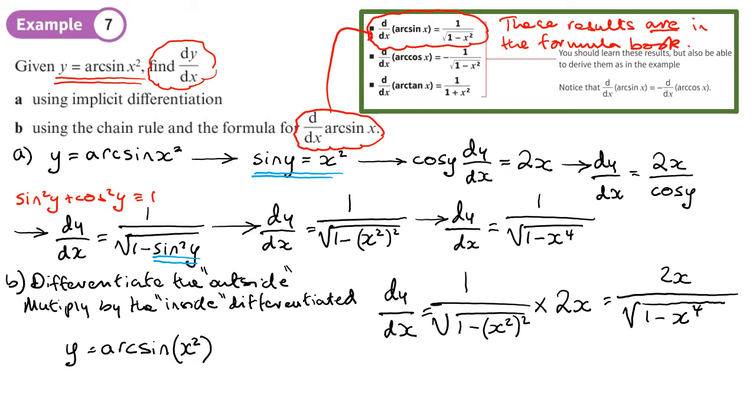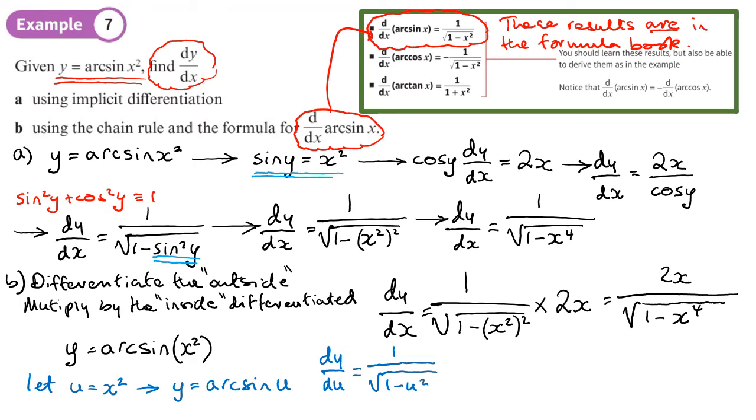Now if we want to do it the way where we're using the proper notation, the first thing that we would do, and I'll write this in a different colour, we'll say let u equal, or any letter equal x squared. So then we have y equals arcsine u. So then we would work out dy du, and dy du using the result would be 1 over the square root of 1 minus u squared.